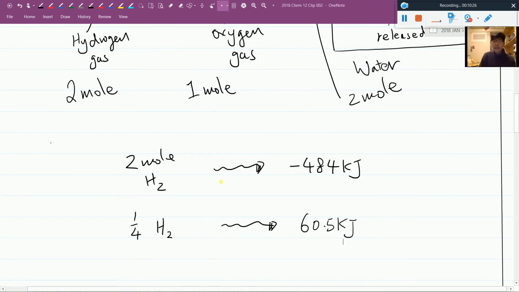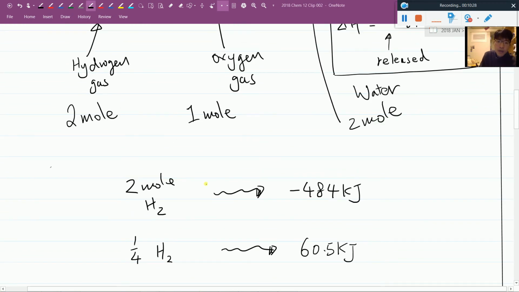Then you will also ask yourself a question: if 2 mole hydrogen gas is going to react with 1 mole of oxygen gas, how much oxygen gas do we need to release 60.5 kilojoules? It is 1/8 of 1 mole, which is 0.125 mole.